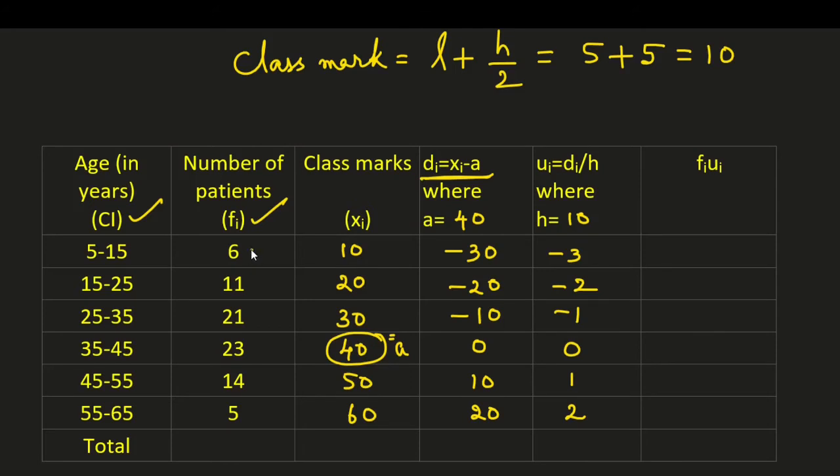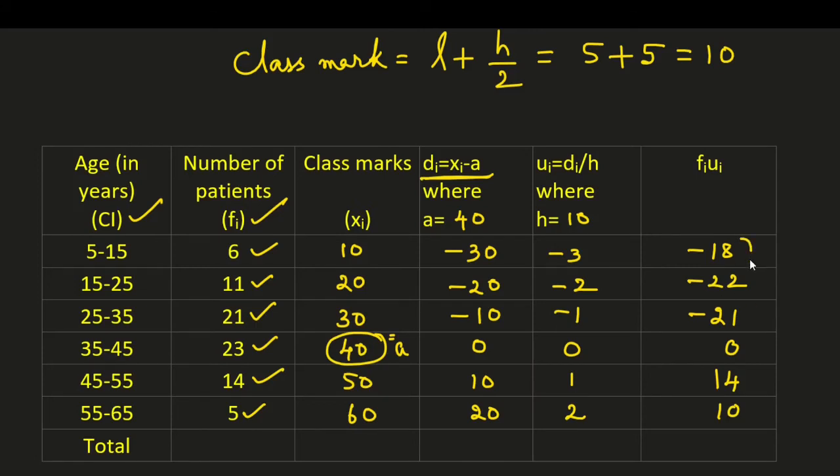Here fi is 6, ui is minus 3. 6 into minus 3 is minus 18. 11 into minus 2 is minus 22. 21 into minus 1 is minus 21. 23 into 0 is 0. 14 into 1 is 14. 5 into 2 is 10.